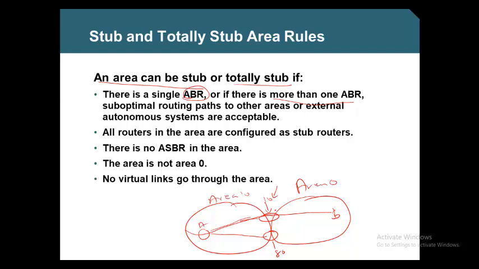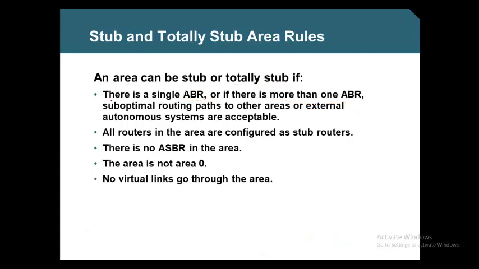Okay. Now that is what this says. Which area can be configured as stub or totally stub? If it has got a single ABR. If there is more than one ABR, suboptimal path. Optimal path, suboptimal path.